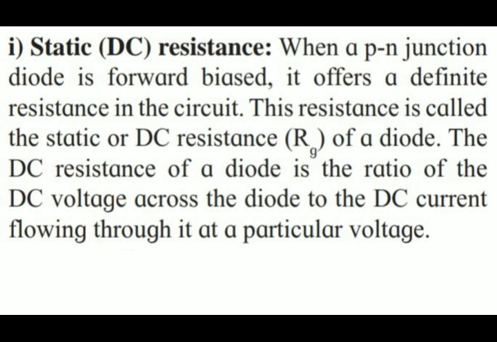The DC resistance of a diode is the ratio of the DC voltage across the diode to the DC current flowing through it at a particular voltage. As this is a static resistance, according to Ohm's law, resistance is nothing but V upon I. So R_D will be nothing but V upon I, where V is the DC voltage across the diode and I is the DC current flowing through it at a particular voltage. So this is static, that is DC resistance.